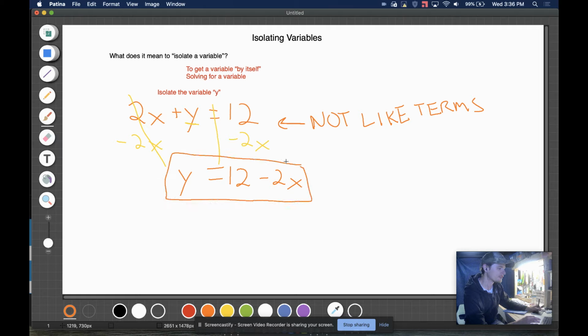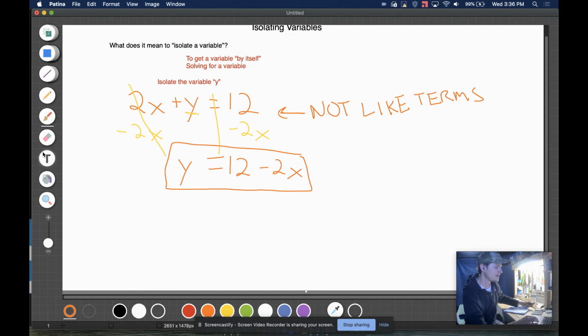Okay, let's look at one more quick example. Again, I'm going to make it up. Let's do 6x plus 2y equals negative 40.